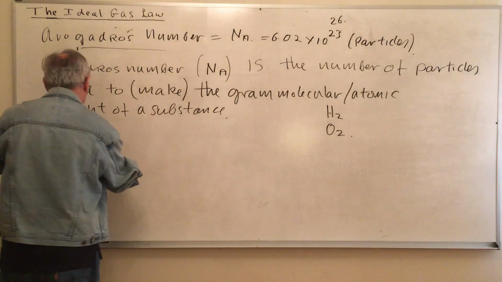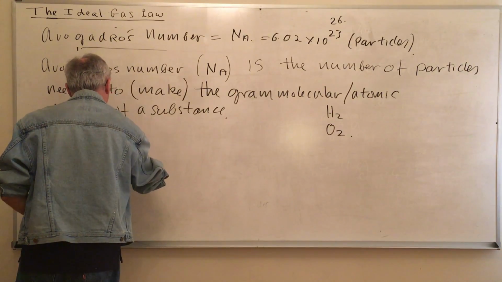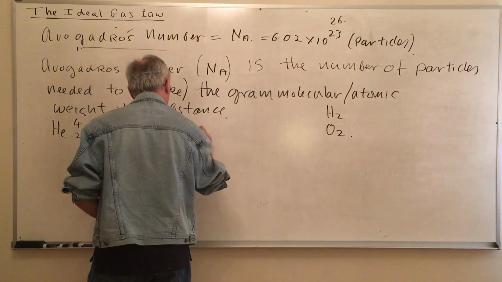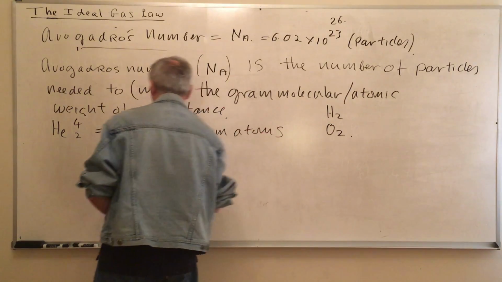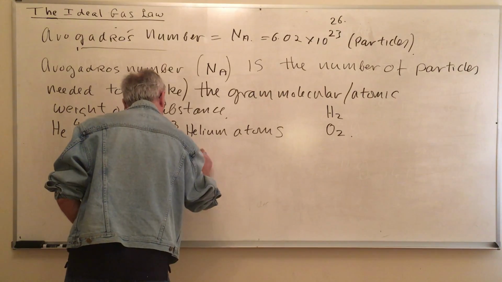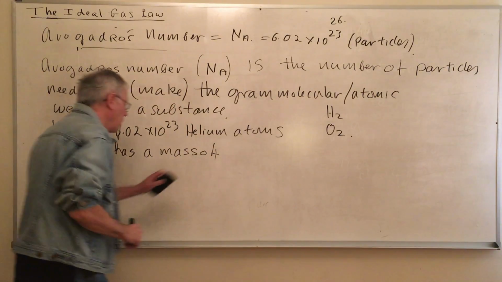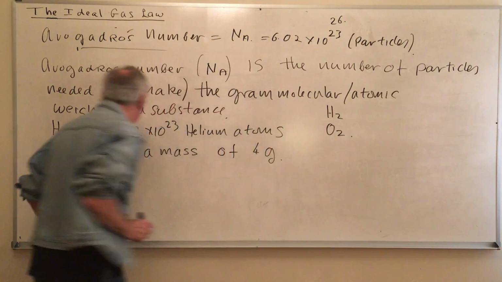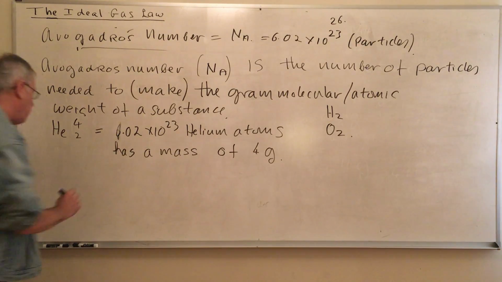So, 6.02 by 10 to the power of 23 helium atoms has a mass of 4 grams.